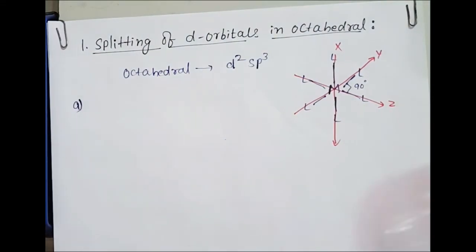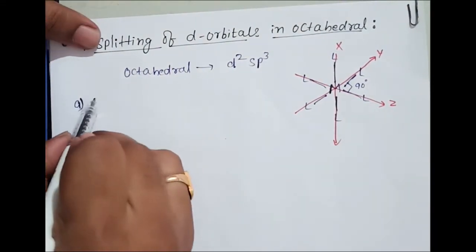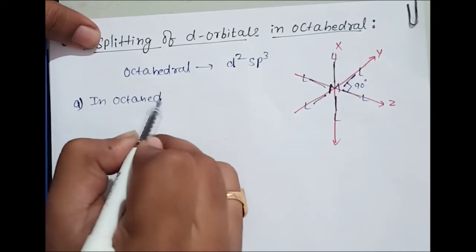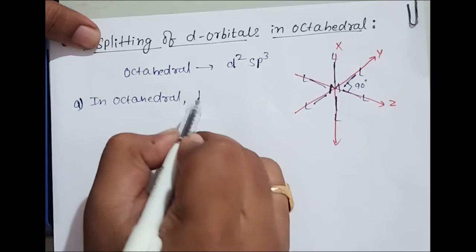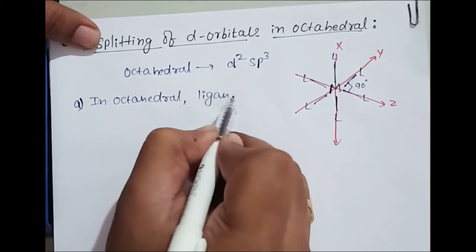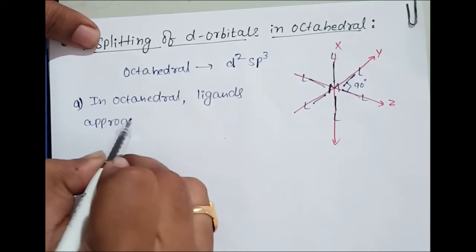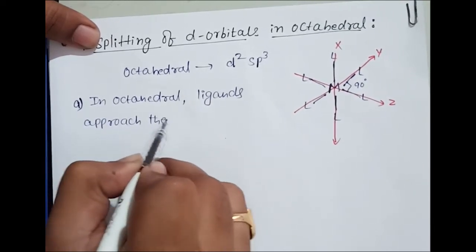So that is the main point in an octahedral system. In an octahedral system, in which way do the ligands approach the metal?